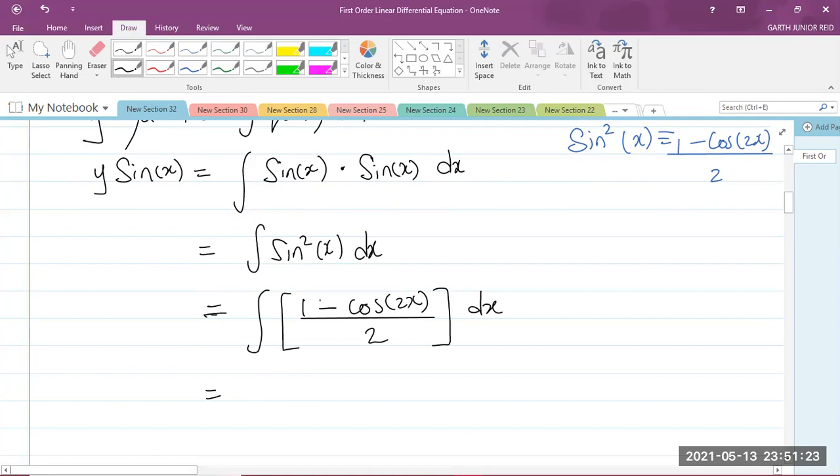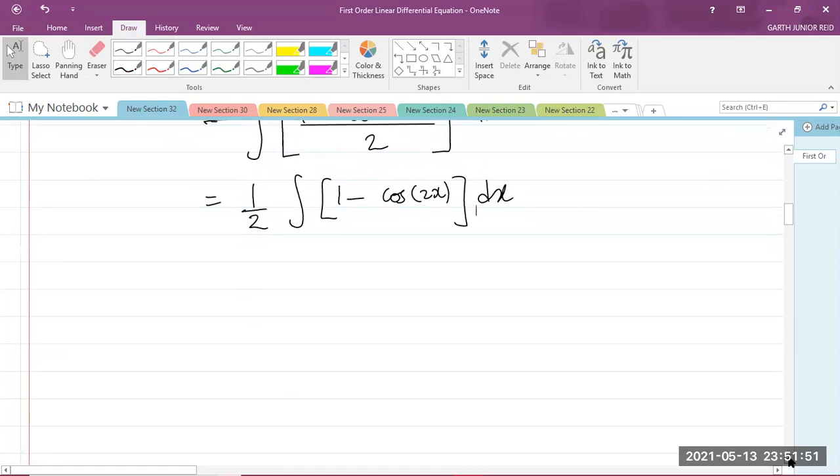Now, in the integrand here, in the brackets, what we really have is 1 over 2 multiplied by 1 minus the cosine of 2x. 1 over 2 is a constant, and I can take out any constant outside of the integral. So this is now going to be equal to 1 over 2 multiplied by the integral of 1 minus the cosine of 2x dx. I hope you follow that.